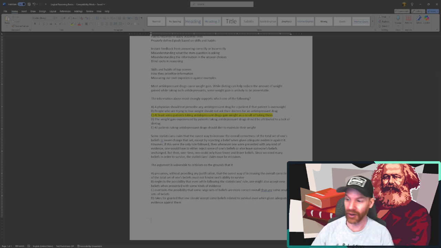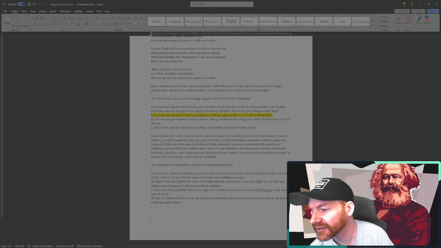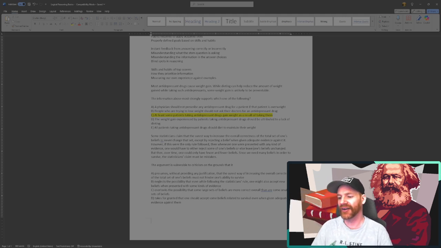Or leave not someone, I totally misread that. Or leave one's beliefs unchanged. That does make more sense now. So this is the meat of the rule. One would have to either reject some of one's beliefs or else leave one's beliefs unchanged. So you can reject even when presented with adequate evidence or any kind of evidence.